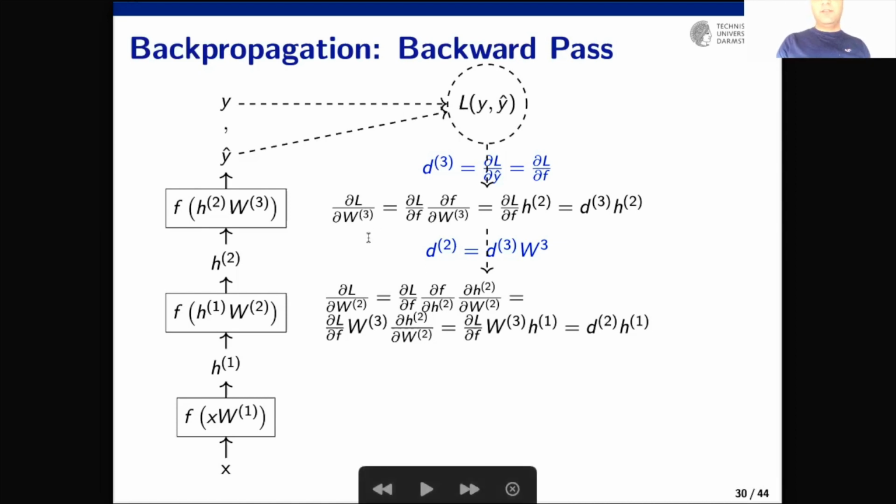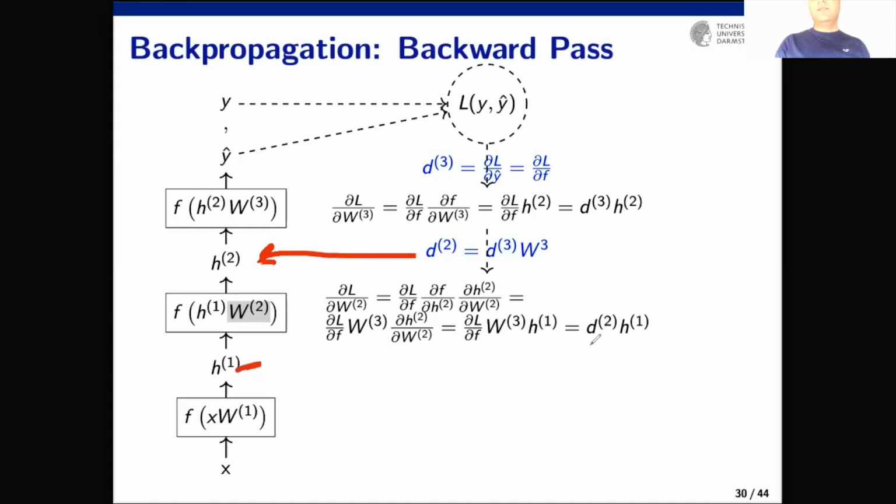So as we can see here, the derivative of the loss with respect to the parameter of the second layer equals the error at this point times the input to the layer. So the error at the end of the layer times the input of the layer. So this is the derivative of this layer.